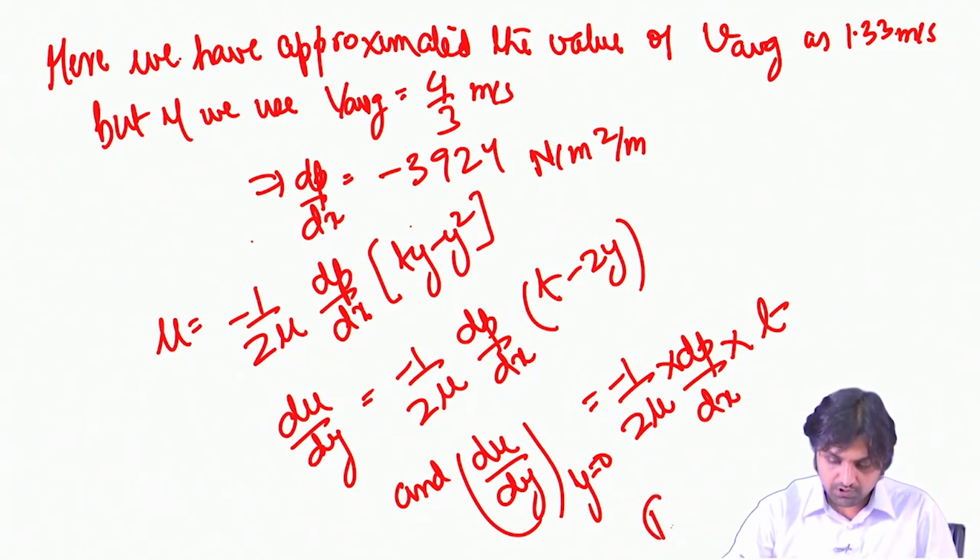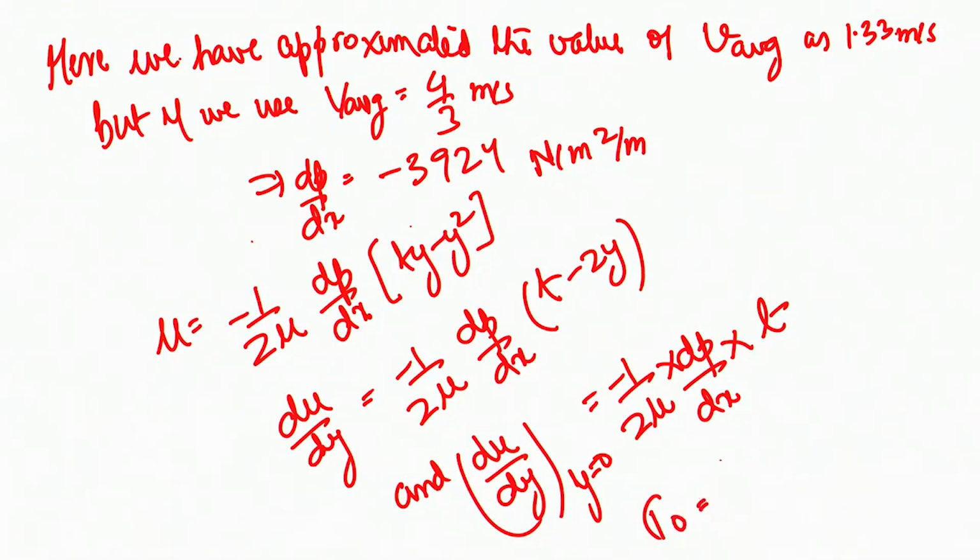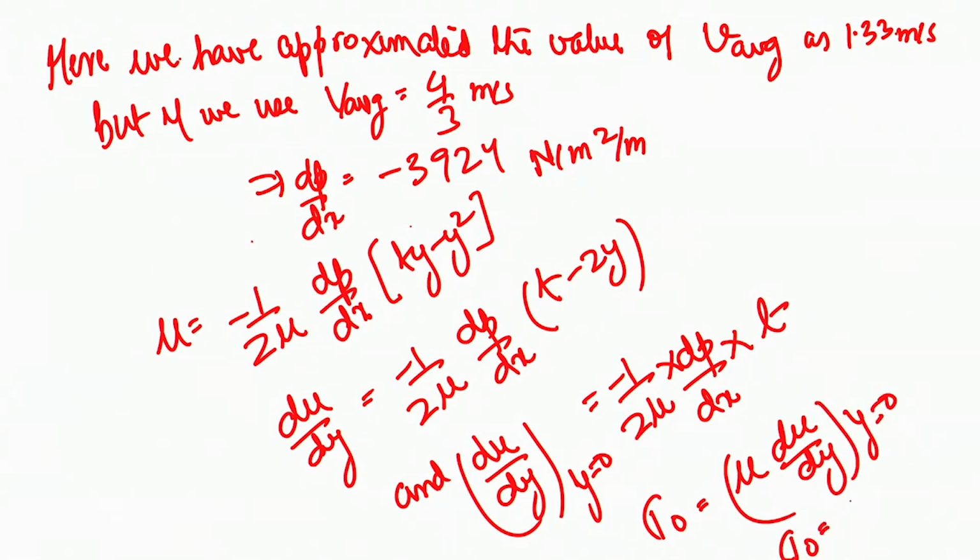For tau naught at the wall is going to be mu du by dy at y is equal to 0. This tau naught I will solve on the next sheet.